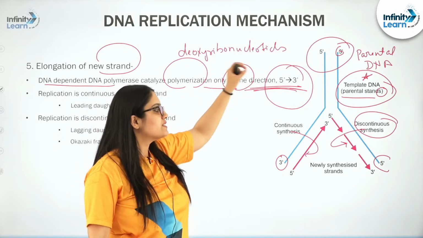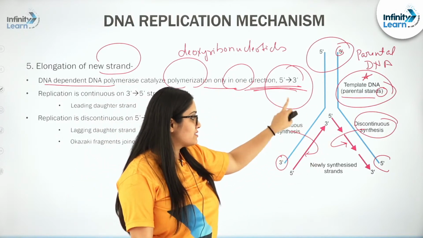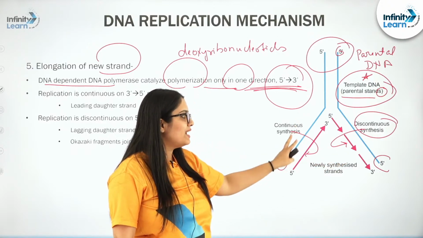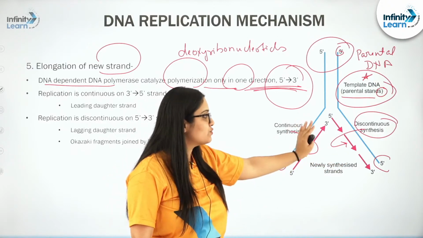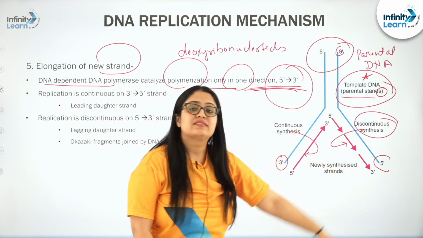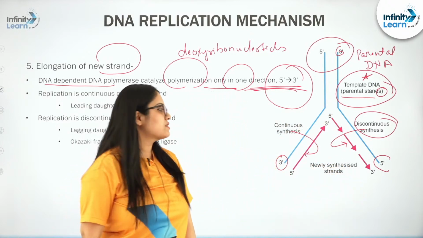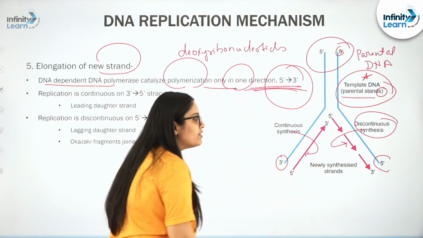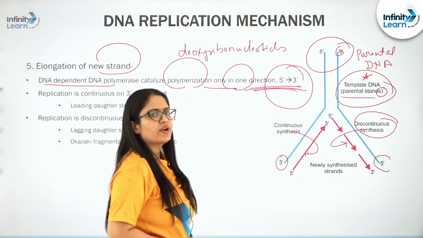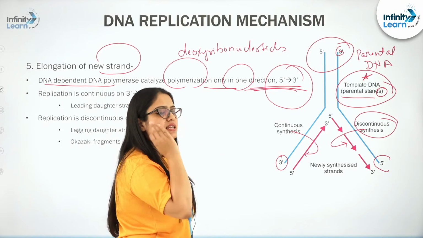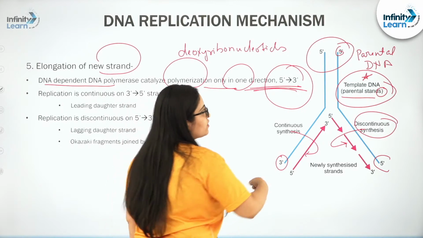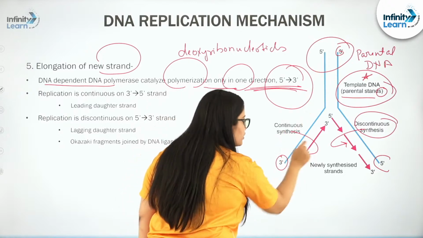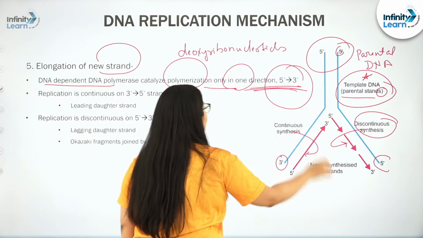That's the only reason because of which the newly synthesized strand gets synthesized continuously on one template and discontinuously on the other, right? Please remember this. So, in your MCQ, even in your NEET exam, please do not get confused. This is a very important point, that on which strand of the parental DNA molecule there will be continuous synthesis and on which there will be discontinuous synthesis.